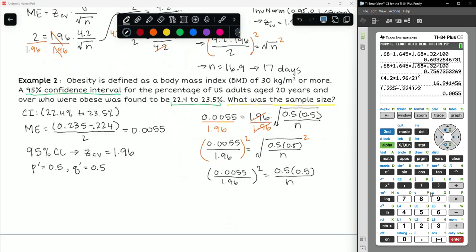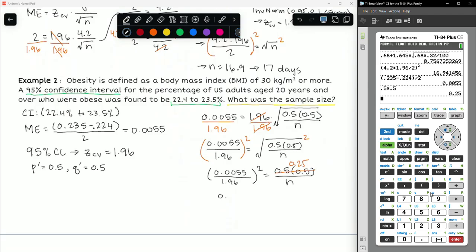I'm also going to do the 0.5 times 0.5 because I'm tired of carrying that around, so 0.25. And then I'm going to use the trick from last time. I know I can flip these upside down. I find the reciprocals of both sides.